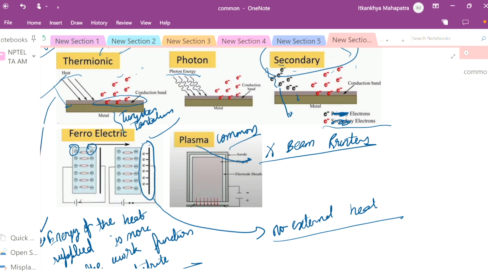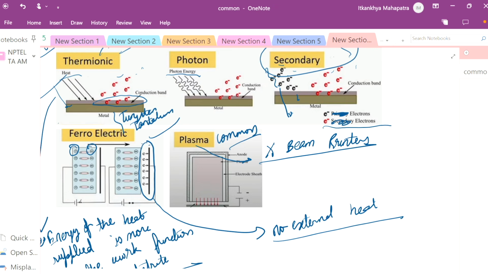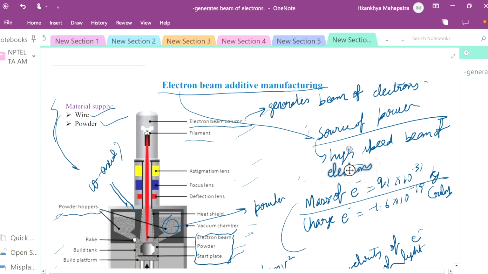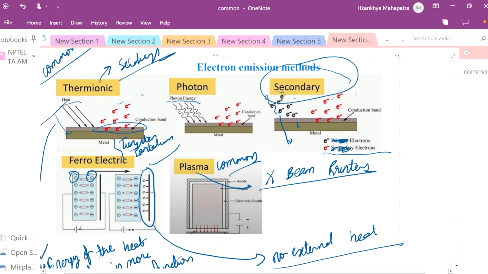Now, like we discussed here, in the case of the electron beam method, the velocity of the electron is 2 by 3 times the speed of light. That is very high. So we have to provide a high voltage in this case. Okay, so the fifth one is plasma.